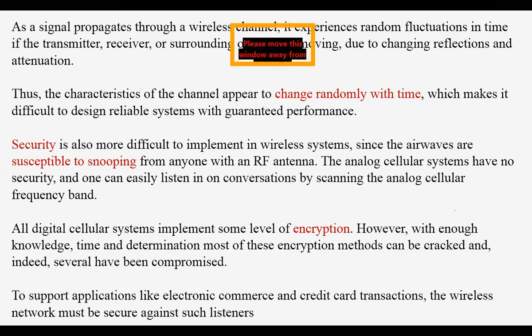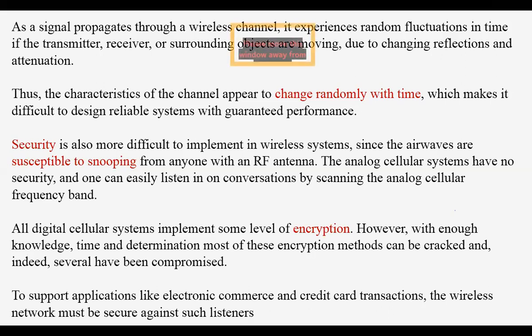Then security is also very important, and more difficult to implement in wireless systems, since the airwaves are susceptible to snooping, and anyone with an RF antenna can detect signals. Analog cellular systems had this drawback of no security, which we can now overcome with digital communication.